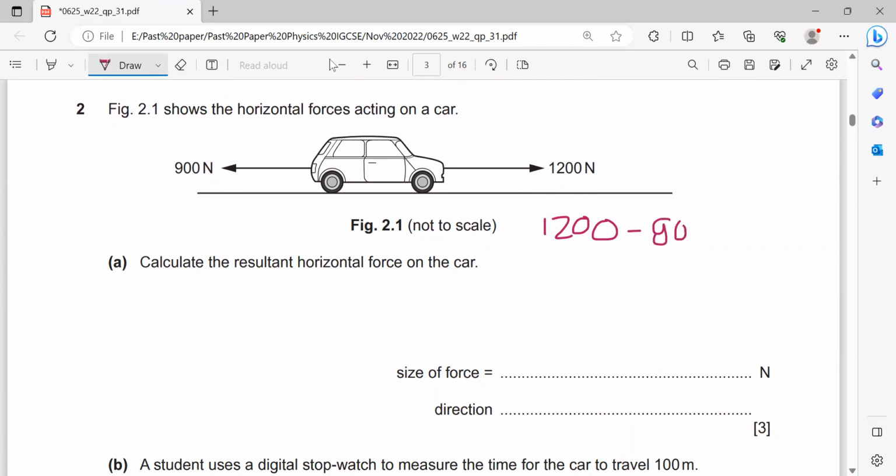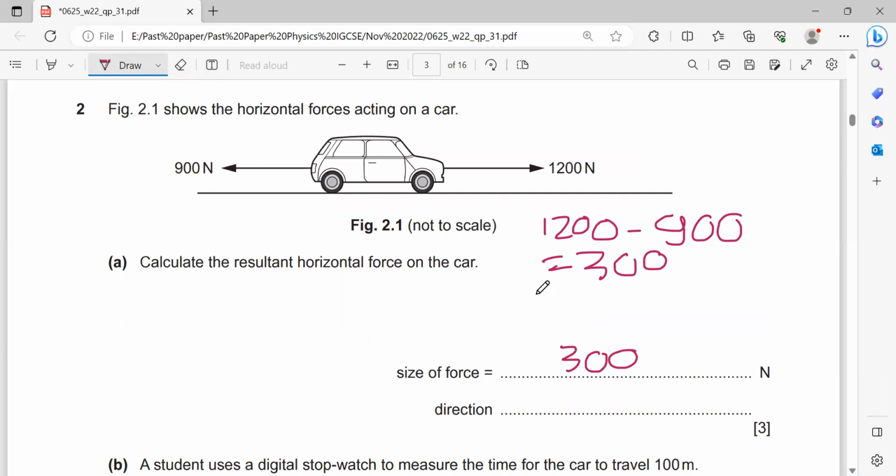Okay, so this one is 900 actually, not 800. Okay, 900, and so equals how much? Equals 300. Okay, so the size of the force equals 300.